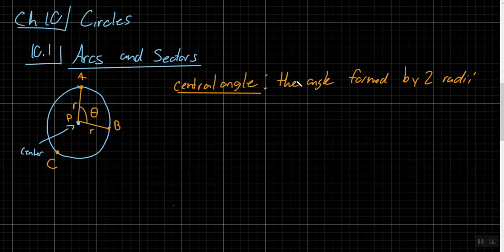So that's a little theta in our picture. Got it? Theta. We have two radii. The angle in the middle is the central angle.